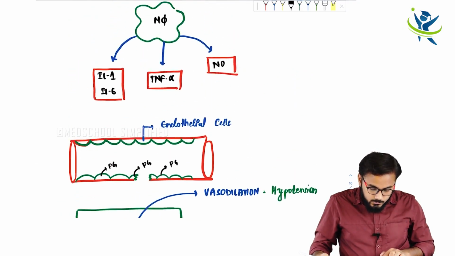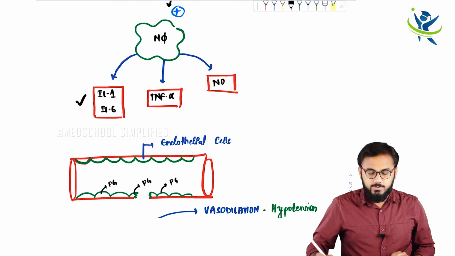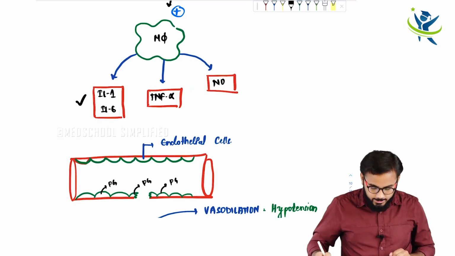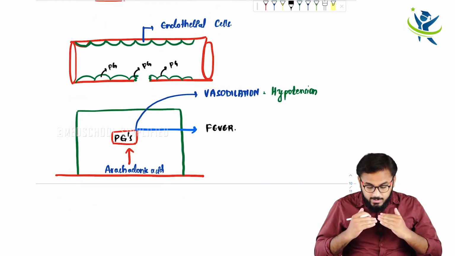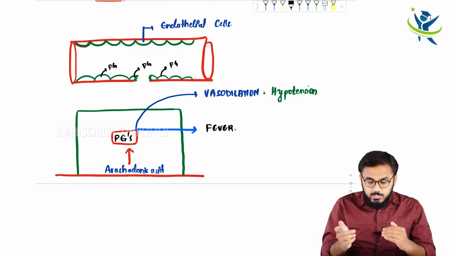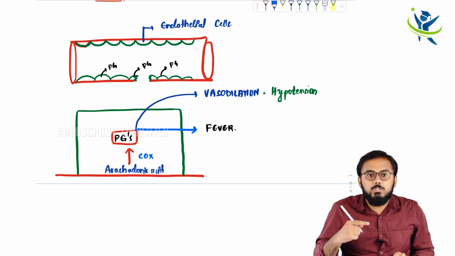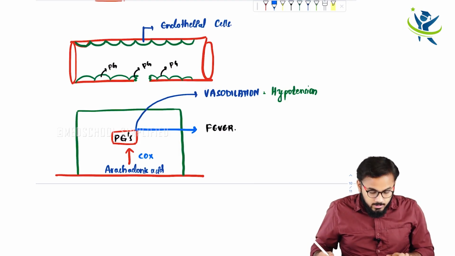So with the help of interleukin 1 and interleukin 6, what is going to happen? Let me tell you. This is the normal process which I told you. To convert arachidonic acid into prostaglandin, you need an enzyme called cyclooxygenase, which is called COX.